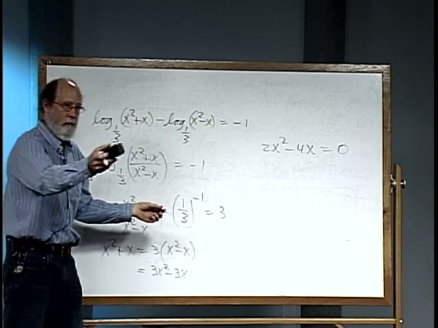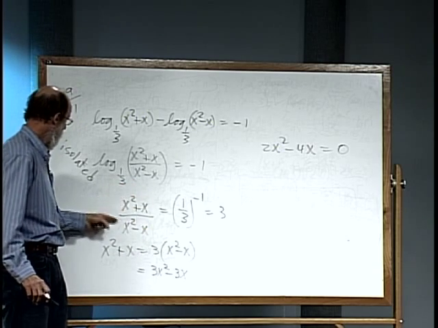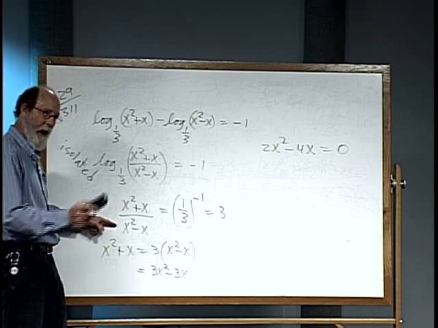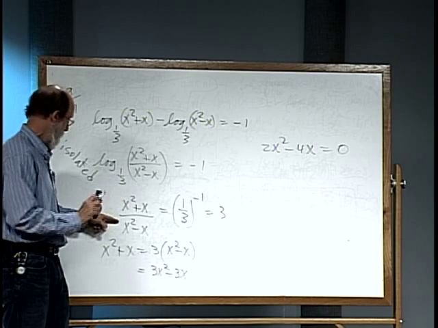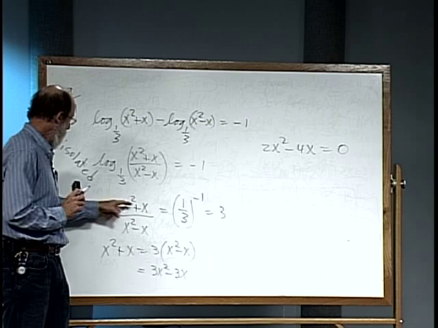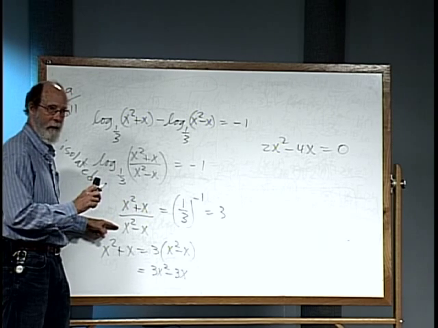I think what you were suggesting, Melissa, was maybe back earlier on, factoring out an x and reducing it out. Be very careful about that. You don't ever want to remove your variable through division or canceling, because you lose a possible answer that way.